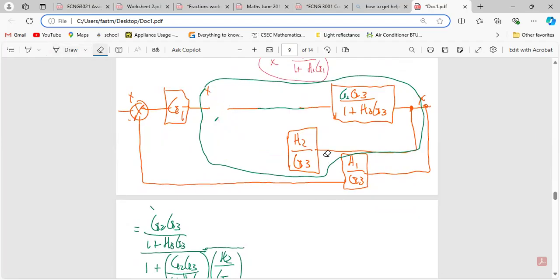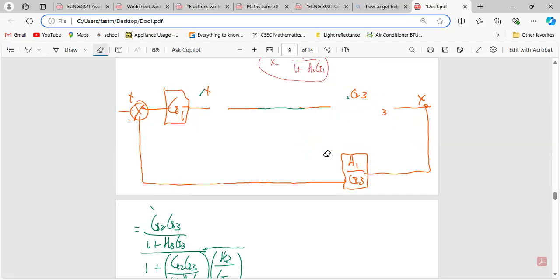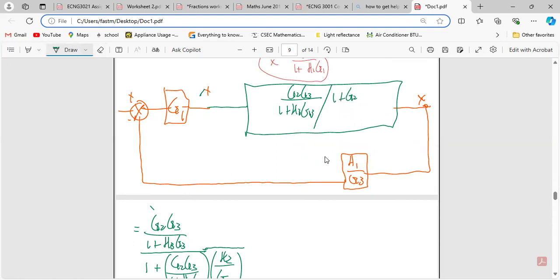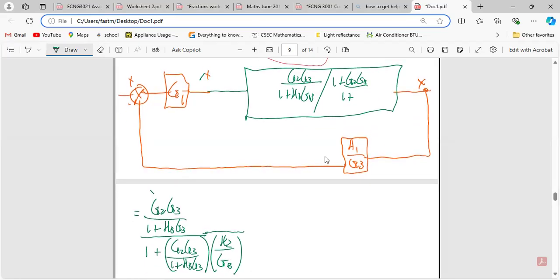So I can just erase all this. Now we just have one big block here: G2, G3 over 1 plus H3, G3, divided by 1 plus G2, G3 over 1 plus H3, G3 multiplied by H2, G3.